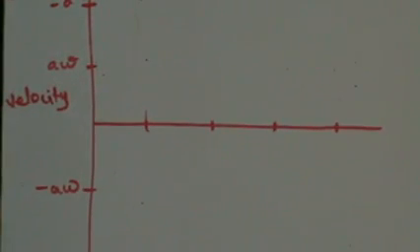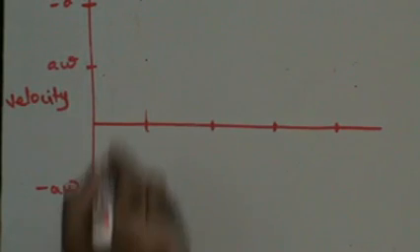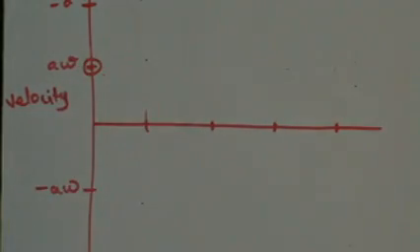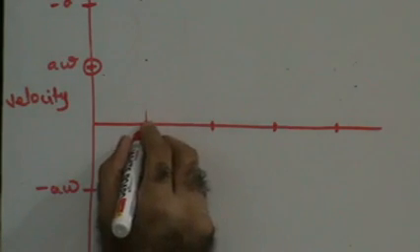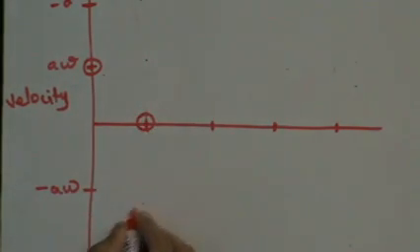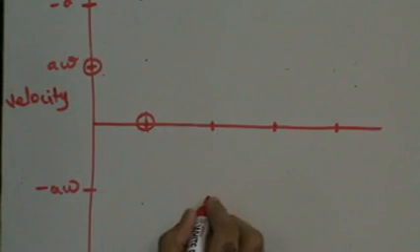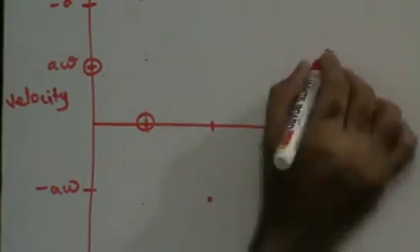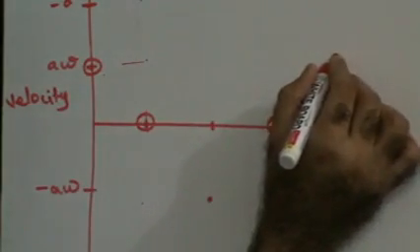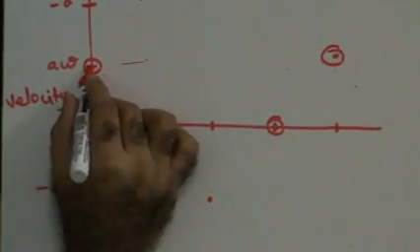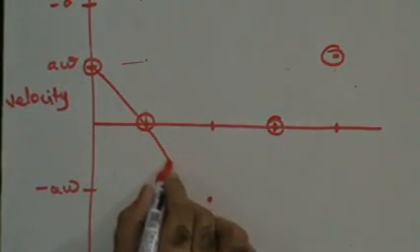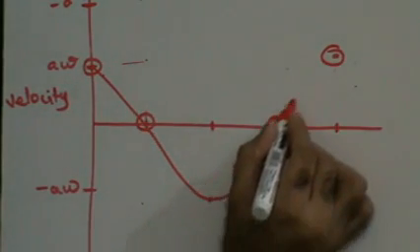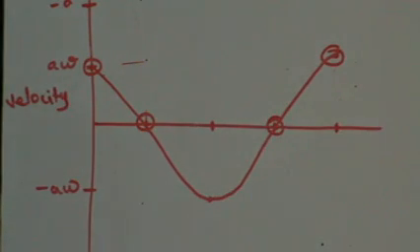Okay, let's see this. Now, at 0 the velocity is A omega. So it will start only from here, right? 90 is 0, 180 is minus A omega, 270 is 0, and 360 is again A omega. So the curve is going to be like this. This is going to be my velocity curve, right?